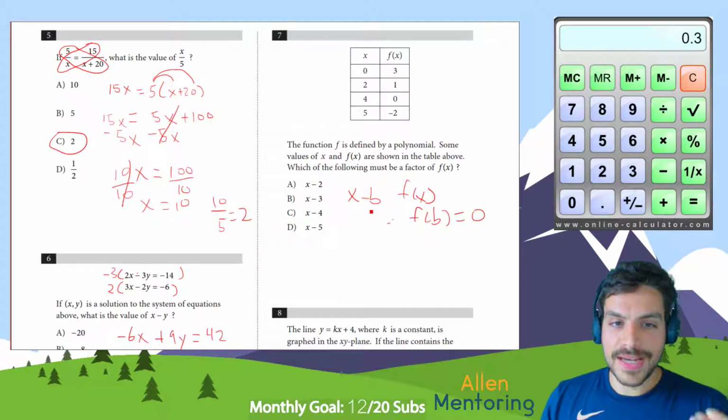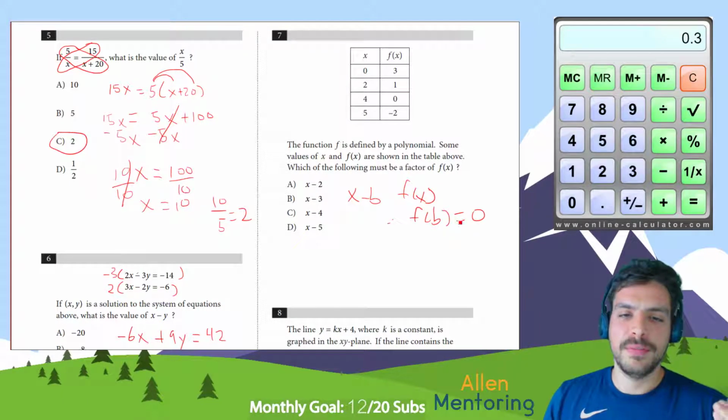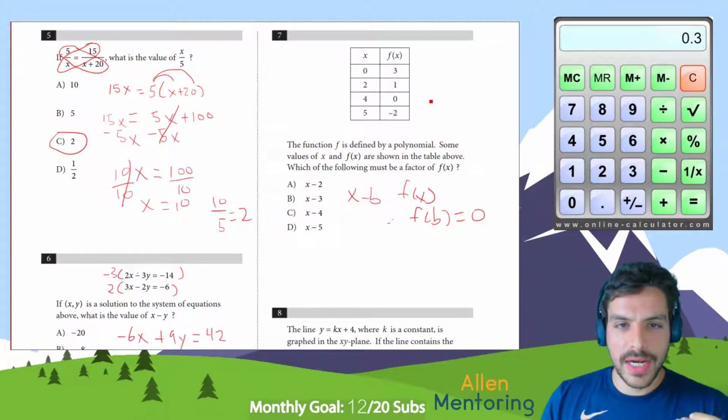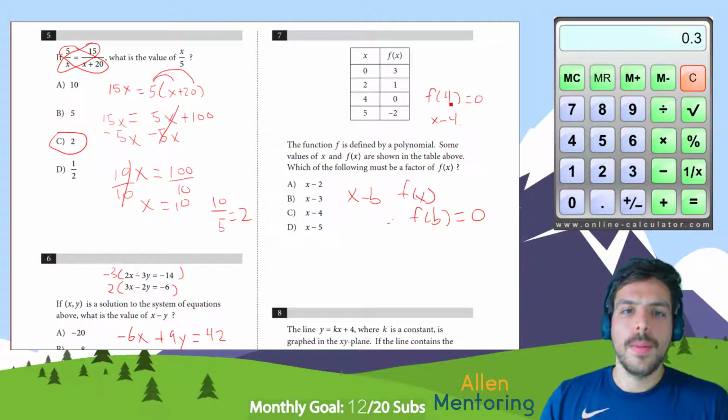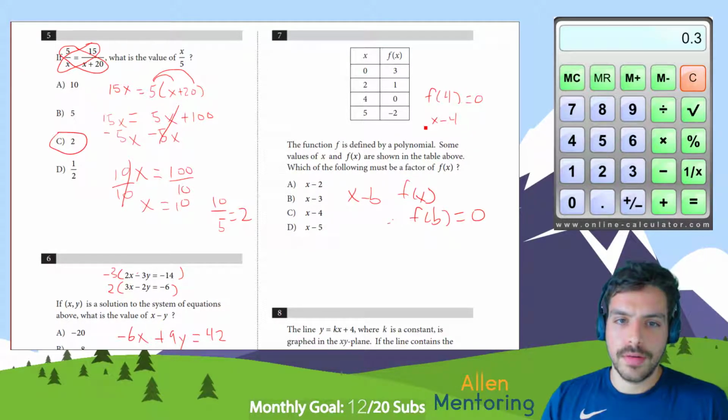So if x minus b is a factor of f of x, f of b must be 0. So in our case, we know that f of 4 is equal to 0. If x is 4, then f of x is 0. Hence, we know that x minus 4 must be a factor of f of x, okay?